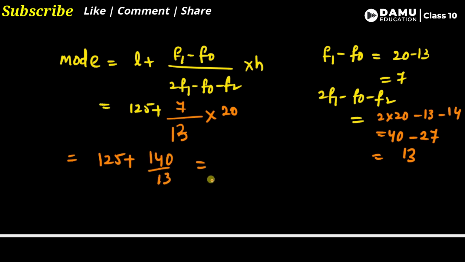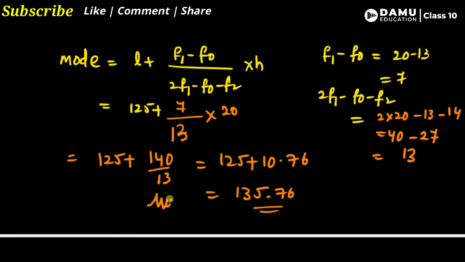If you calculate it, it comes as 125 plus 10.76. Adding this to 125, we get 135.76. This is the mode value.